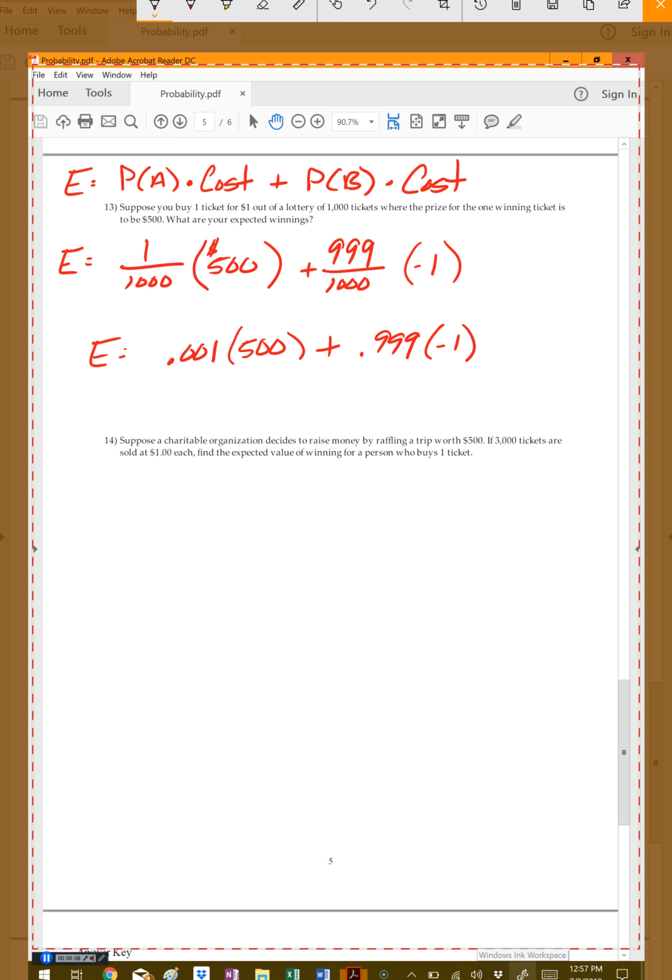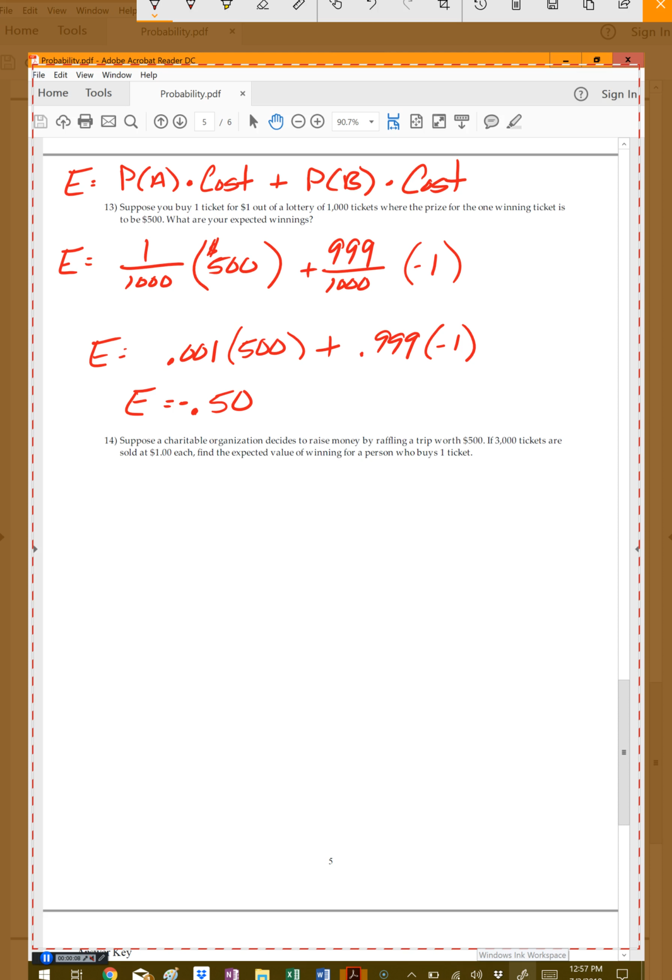And I get, hold on, I actually shorted myself on a number, 0.001 times 500 plus 0.999 times -1. Expected value would be -50 cents. Okay, and I actually got 0.499 on that, but it's -50 cents.